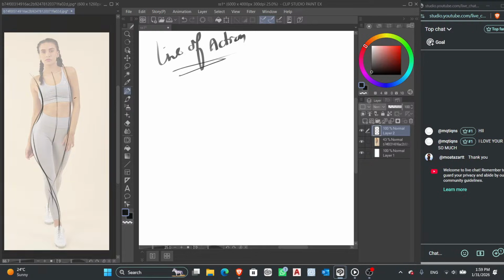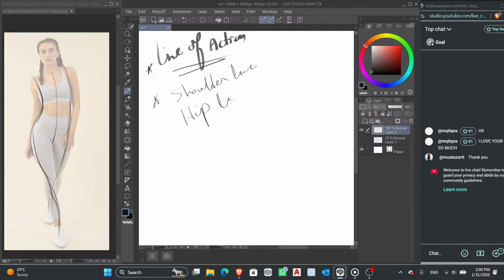So what is the second thing? The second thing I'm trying to take care of is the shoulder line and the hip line. To make it flowy and dynamic, you have to have different directions for both of those.